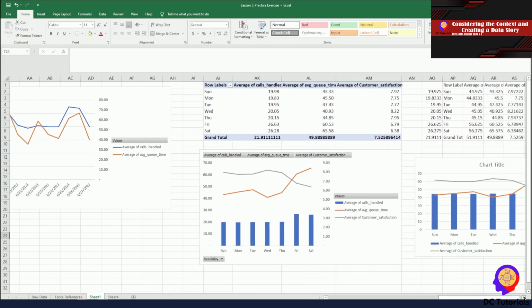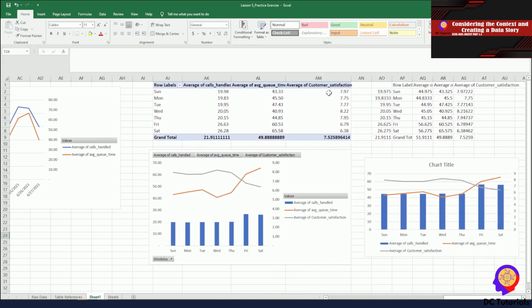Now this is the chart where we have added customer satisfaction. The reason why we did not include customer satisfaction in the beginning is because we're just trying to check how our data looks like first.